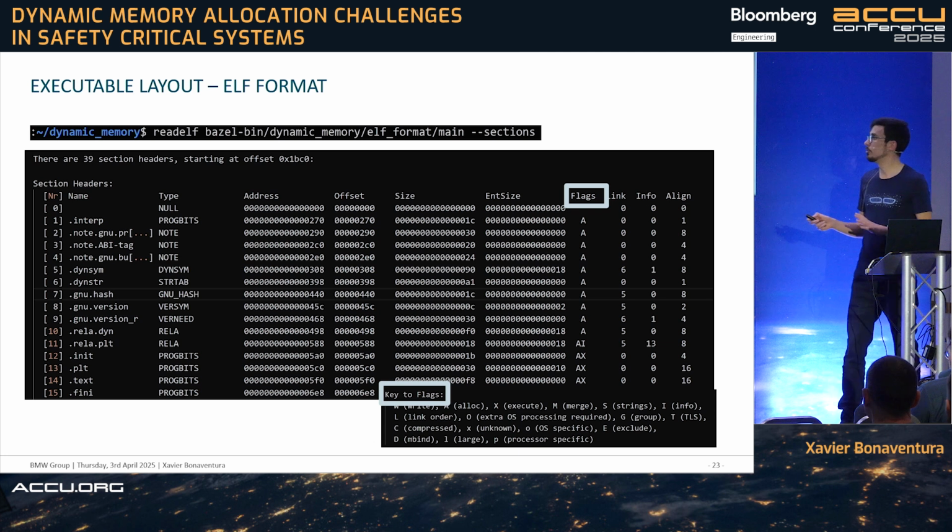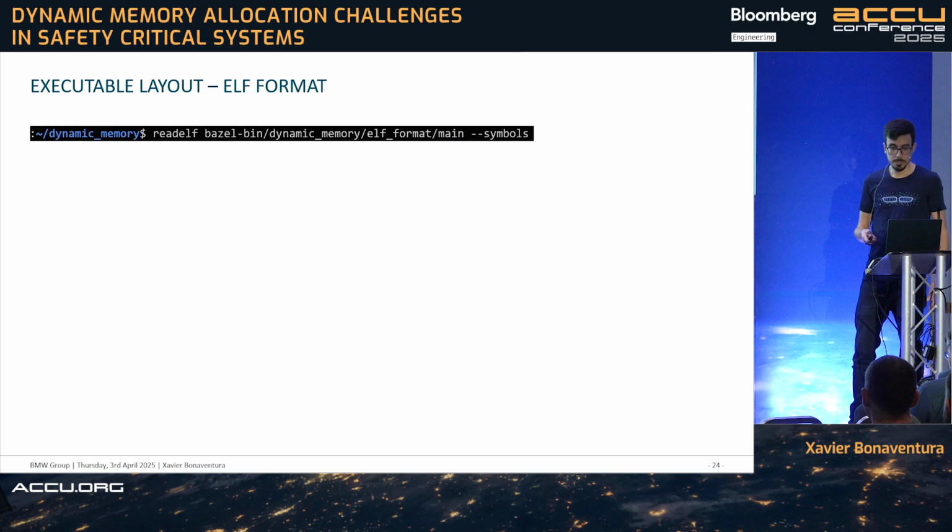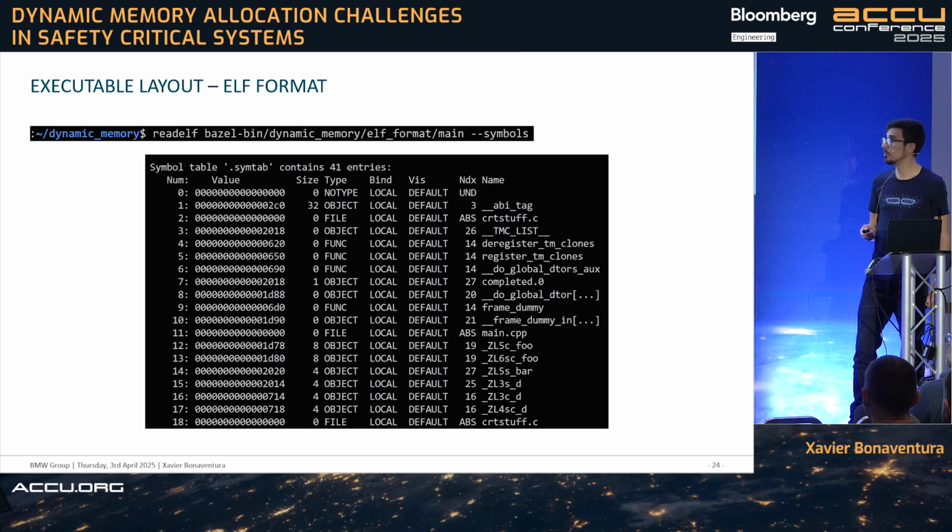But here, for the moment, we do not know anything about where our variables are. There's no information here. If we call readelf, but with symbols, then this is when it starts getting interesting. Here you have this table.